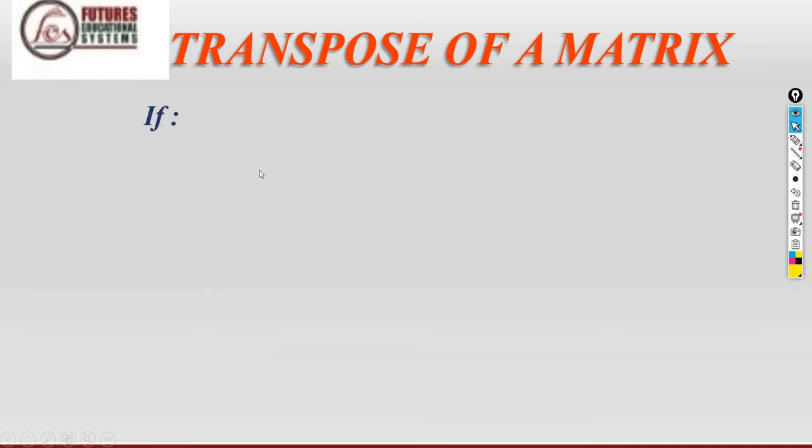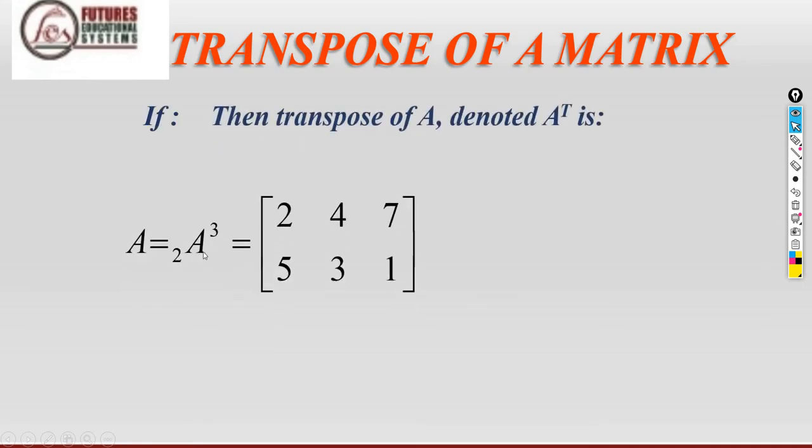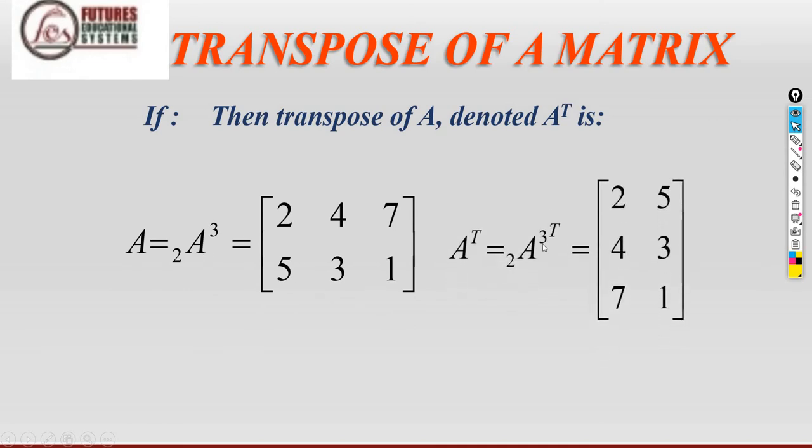Transpose of a matrix. If we have any matrix in order 2 by 3, we can transpose it to a matrix of order 3 by 2. Convert the first row to the first column and the second row to the second column.